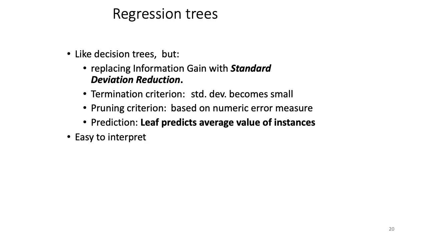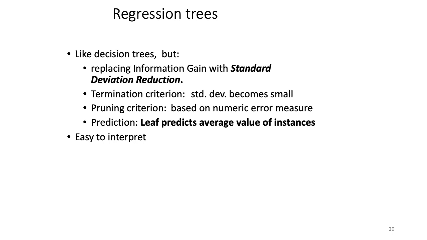So for decision trees, for instance, we discussed the information gain metric, versus for regression trees, they will have different metrics. For instance, we will pick the attribute that will give us the highest reduction in standard deviation, for example. The other difference is the stopping criterion. You want to stop building your tree when the standard deviation of that numeric outcome becomes really small, so there's not much of a variation in that leaf anymore.